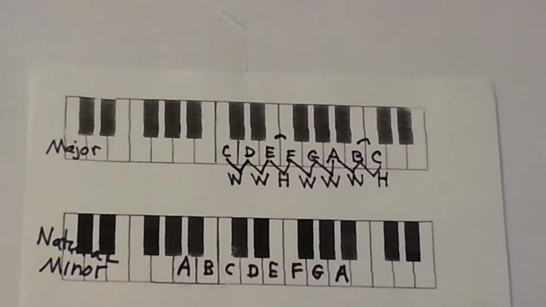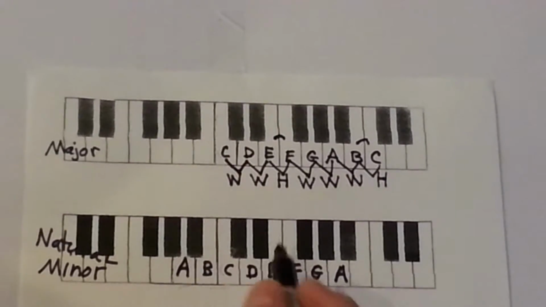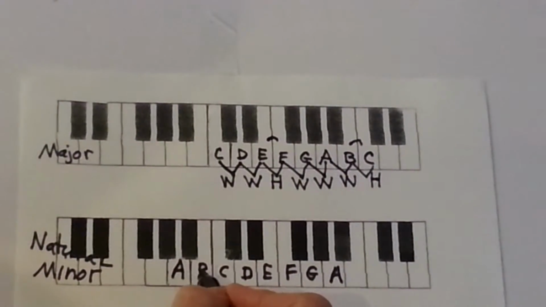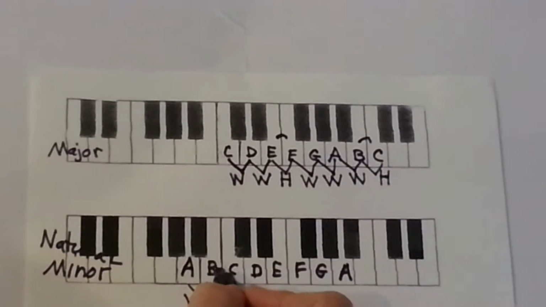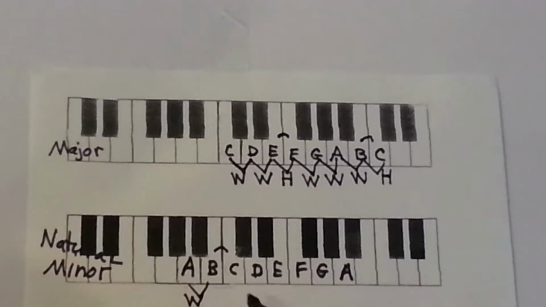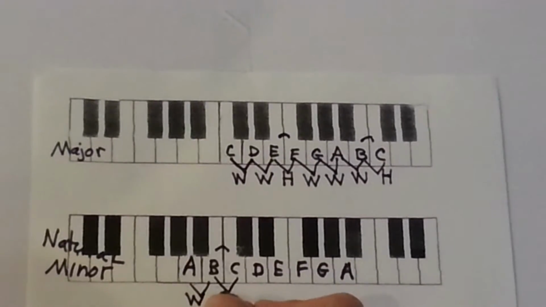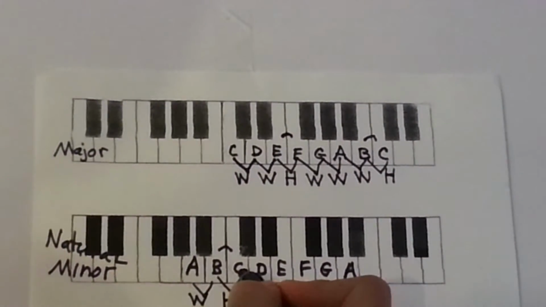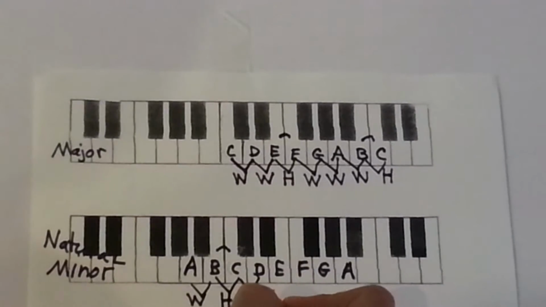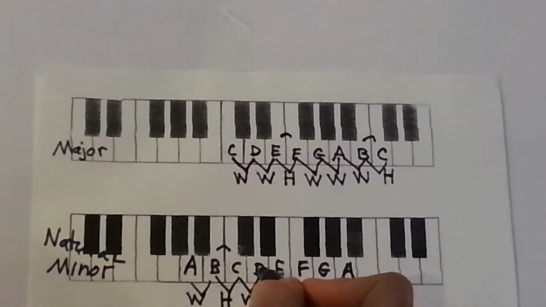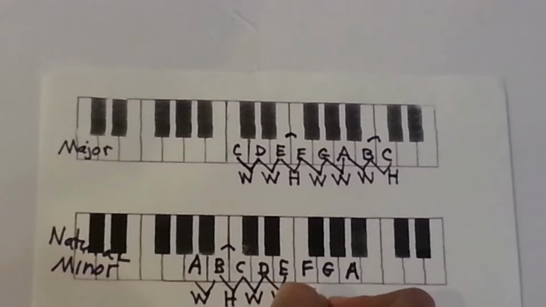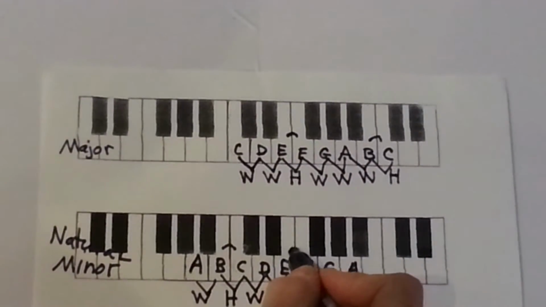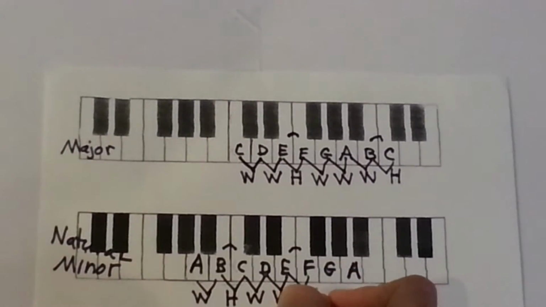All right, let's look at the natural minor. Help me describe these in whole steps and half steps. What is A to B? Whole. B to C? Half. C to D? Whole. D to E? Whole. E to F? Half.